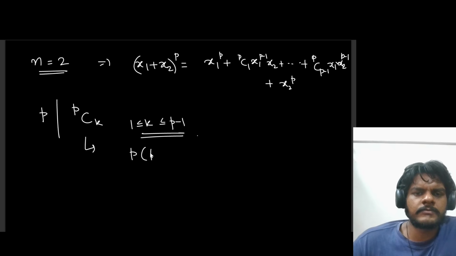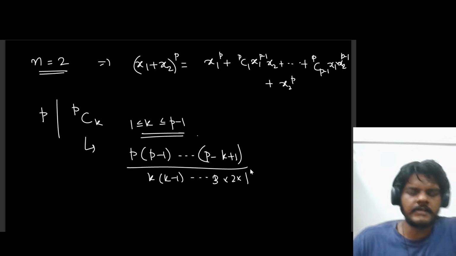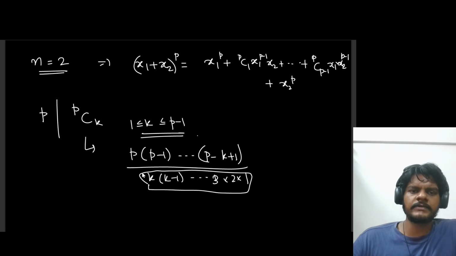p into (p minus 1) into till (p minus k plus 1), divided by k into (k minus 1) into till 3 into 2 into 1, right? Divided by k factorial. Now you see p is a prime number. All of this has to divide all of this.